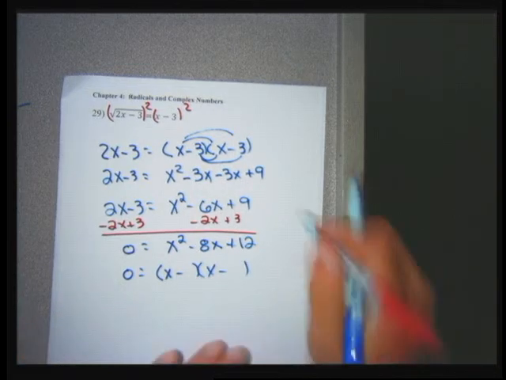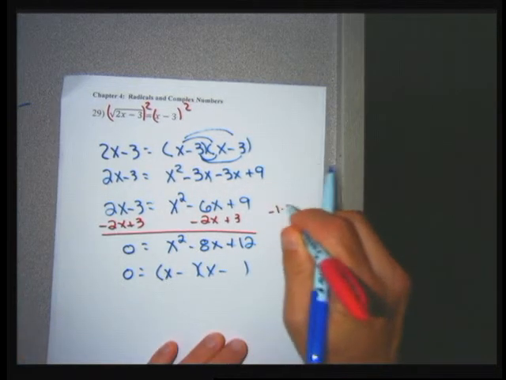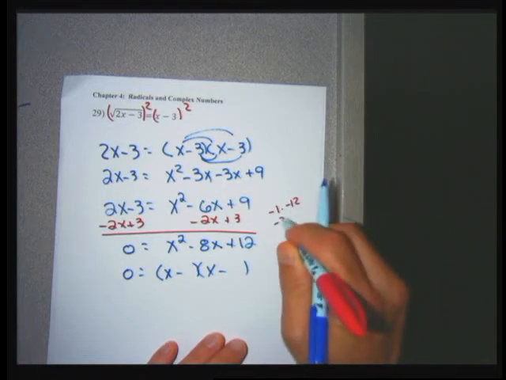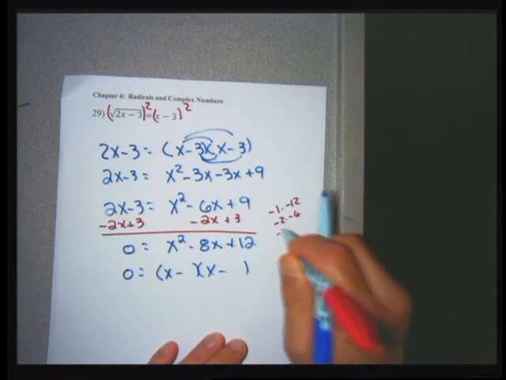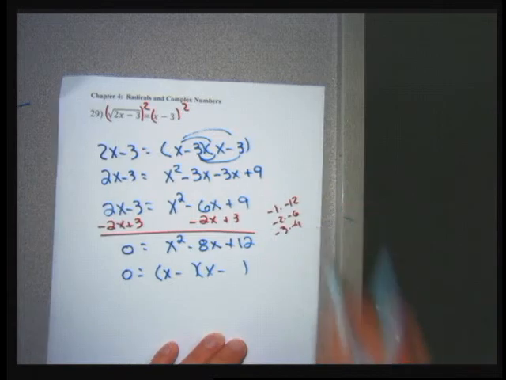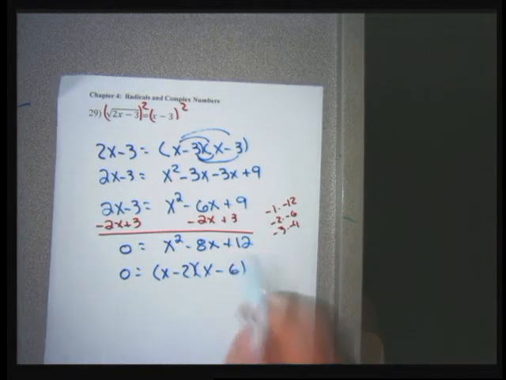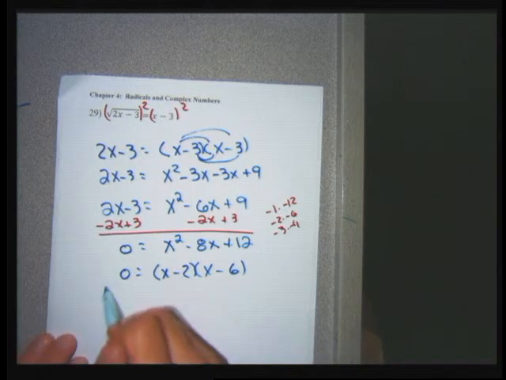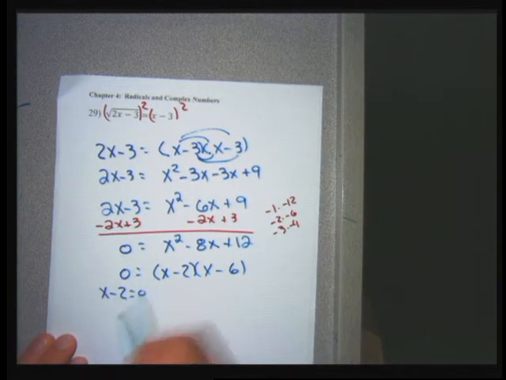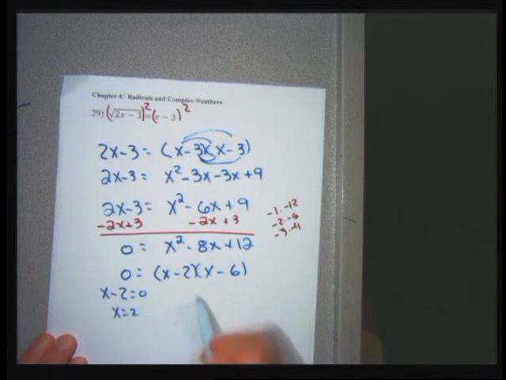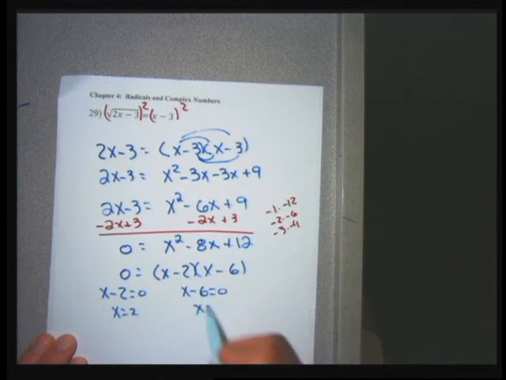And for the double negative factors of 12, I have -1 and -12, -2 and -6, or -3 and -4 to choose from. The only one that gives me the 8 is the -2 and -6. Now I'm going to go x minus 2 equal to 0 and get x equal to 2, x minus 6 equal to 0 and get x equal to 6.